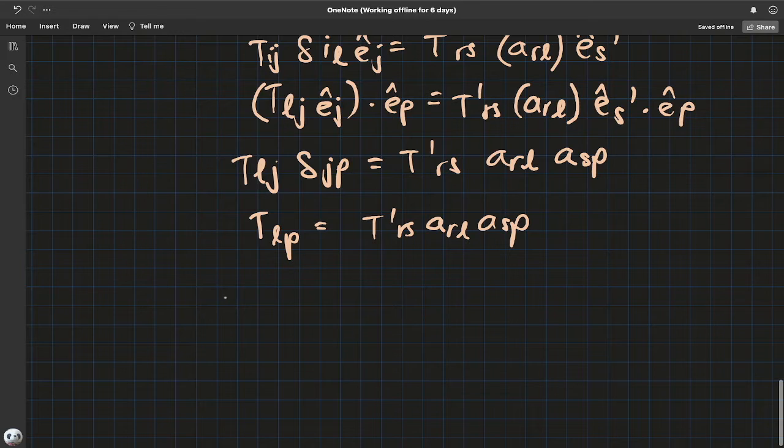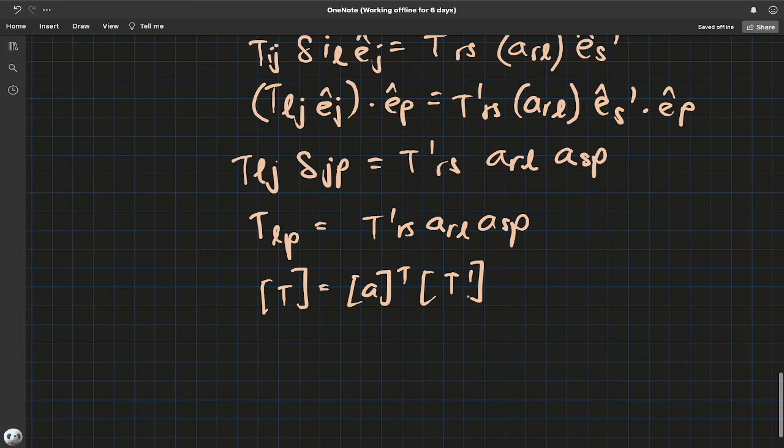And if you want to write this back in matrix form, this is just going to be matrix T equal to, well, A transpose, we want the second index to match, times the matrix of T prime. Each element of this matrix is just the component in the primed system.